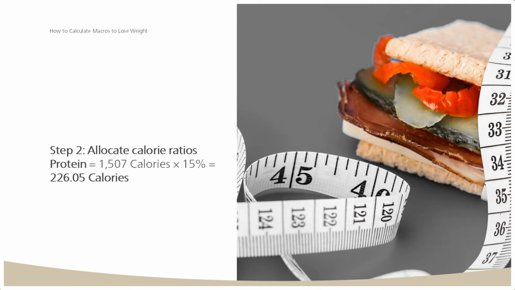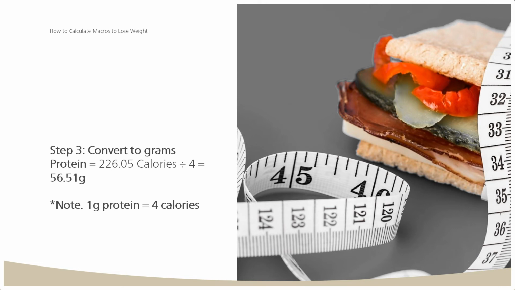Protein is equal to 1,507 calories multiplied by 15%, which is equal to 226.05 calories. Fat is equal to 1,507 calories multiplied by 30%, which is equal to 452.1 calories. Carbs are equal to 1,507 calories multiplied by 55%, which is equal to 828.85 calories.